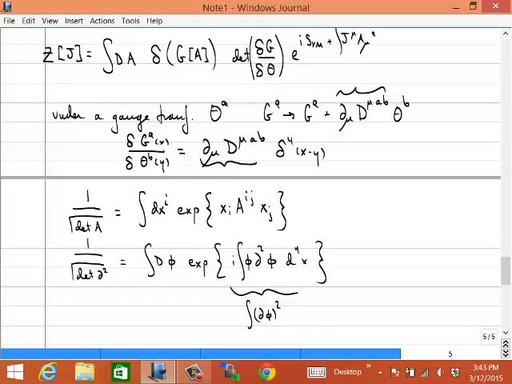What if you wanted to compute a determinant, not 1 over the square root of a determinant? Anyone remember? We did it last semester. It was on the problem set, I think. Anyone know?